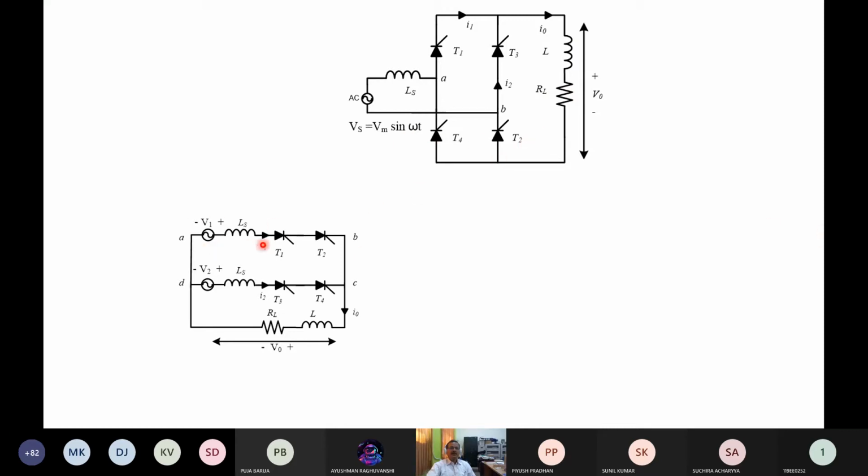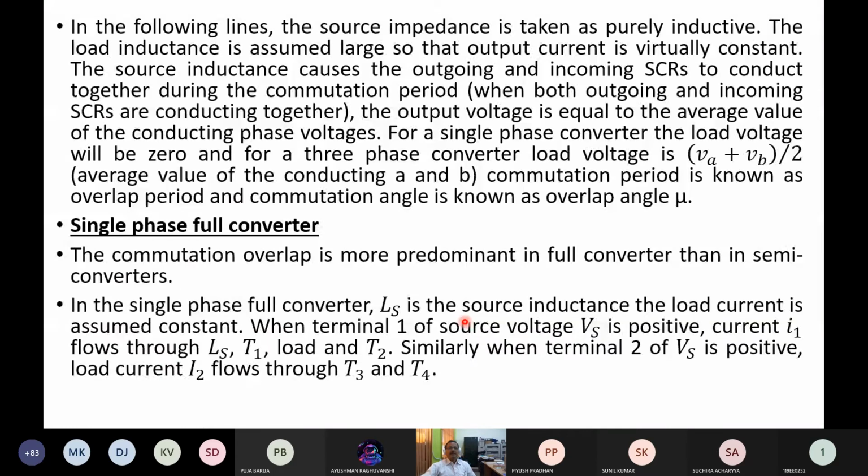During that period, this is the equivalent circuit. The load current is constant and ripple free. In one pair, the current is decreasing gradually; in the other pair, the current is increasing gradually. The sum is always I0. That is what is summarized here.